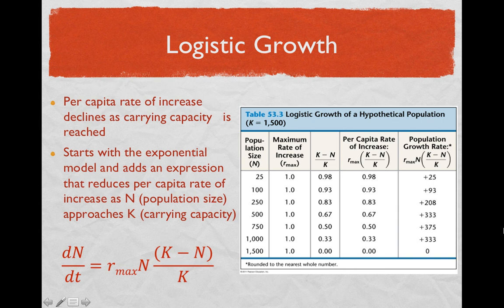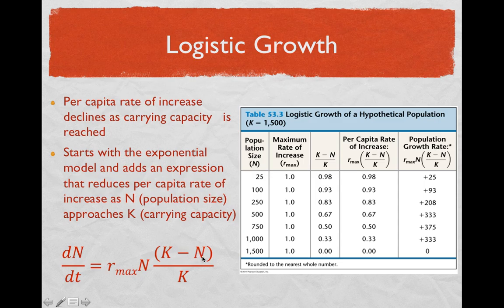So when I'm looking at logistic growth, I start with that whole idea mathematically of exponential growth, which is right here. But now I'm going to take into account my carrying capacity, which is K, as well as that rate of increase for my population size.